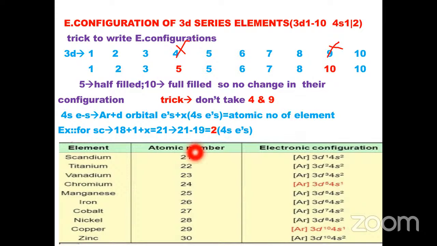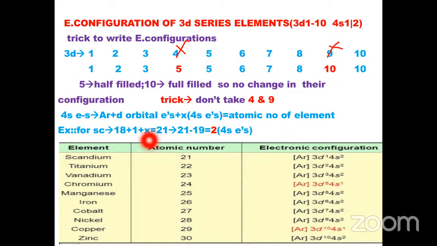For example, we need the 4s electrons of scandium. Okay, if we need the 4s electrons of scandium, then you will write here, what is the atomic number of argon? 18. Okay, 18 plus how many d electrons are present in this scandium? How many are there? 1. Then you will write 1. Then what we are going to calculate here is the 4s electrons, that is represented as x.